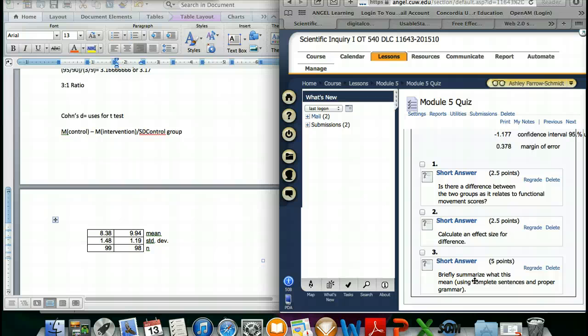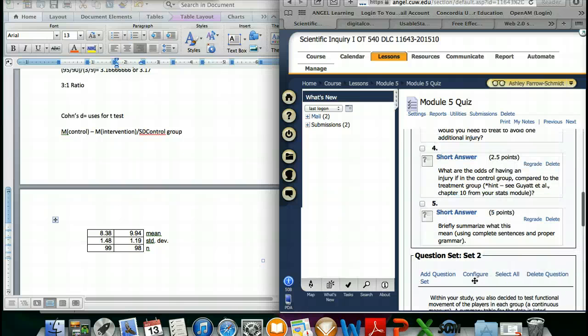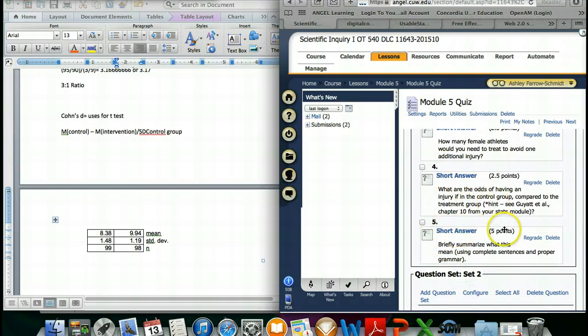By this time it should be pretty clear after having done the calculations. The point I would have wanted you to make was to note that there is a difference between the groups and that the effect or magnitude of the treatment is large. So pretty much the same thing as what we were looking at for the first set. It's just done a little differently.